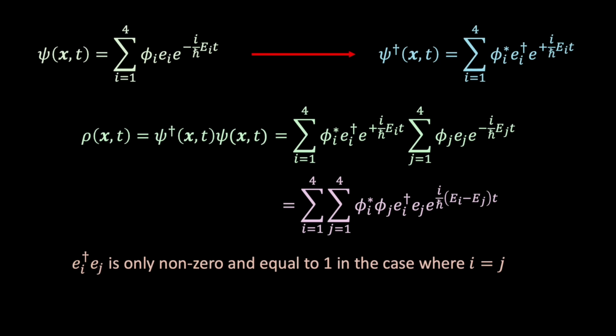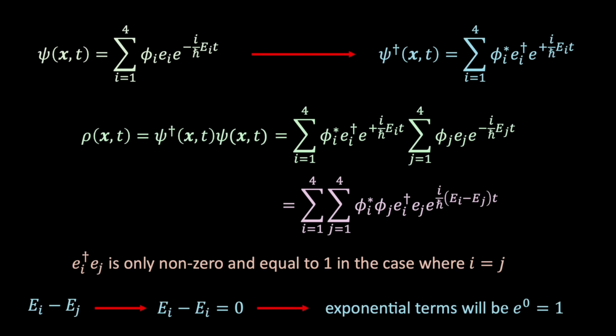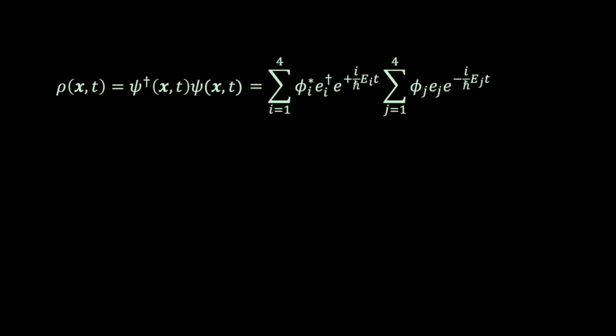The term Ei dagger Ej is only non-zero when i equals j, and in that case it's equal to 1. And this means that all of the cross terms, Ei minus Ej in the exponential, will be equal to 0 since Ei minus Ei equals 0. And in this case, the exponential terms will be of the form e to the 0 equals 1.